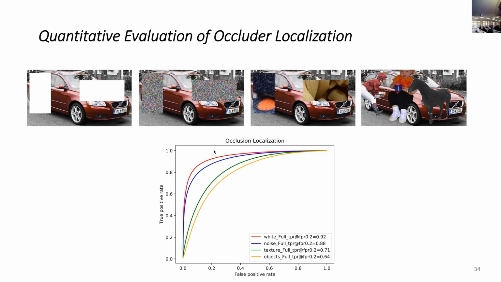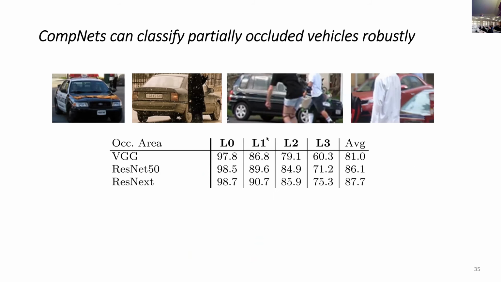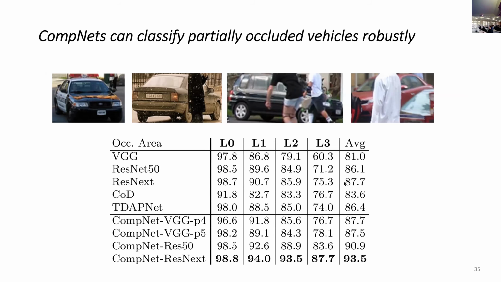You can do this under controlled situations here. You can classify how well you can obtain localized occluders, so you can quantify that. And then how well are they going to classify the objects compared to the deep nets?